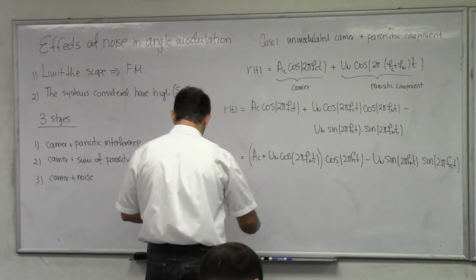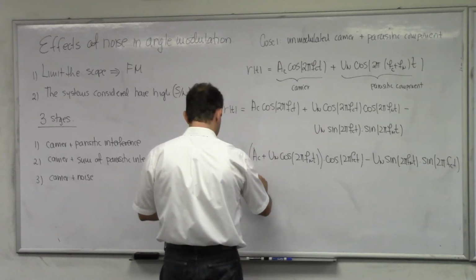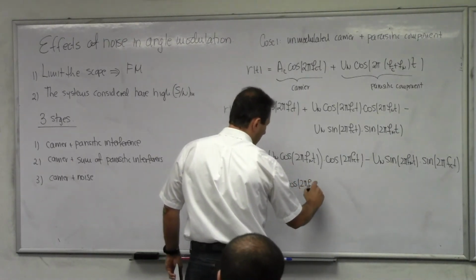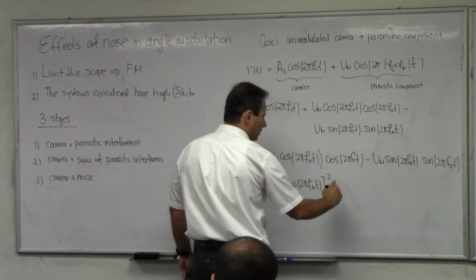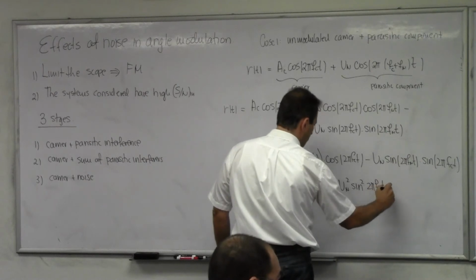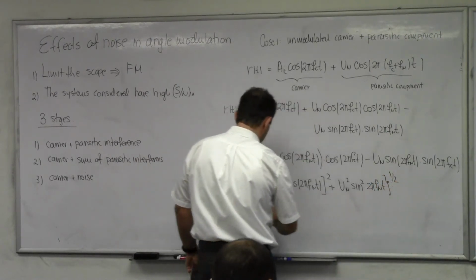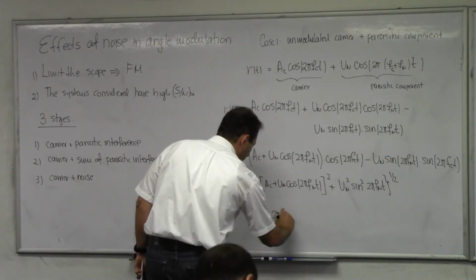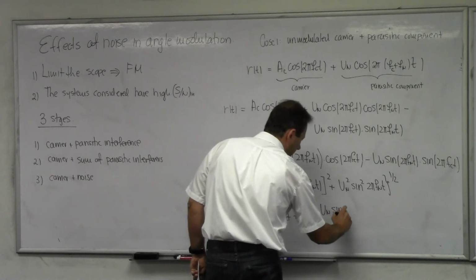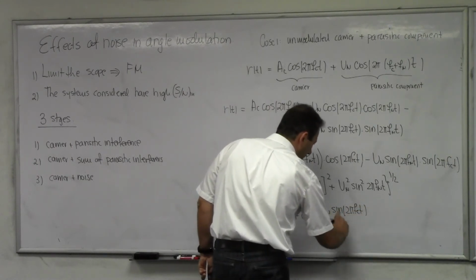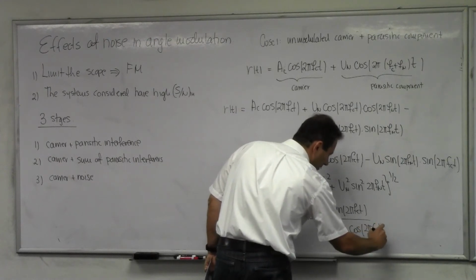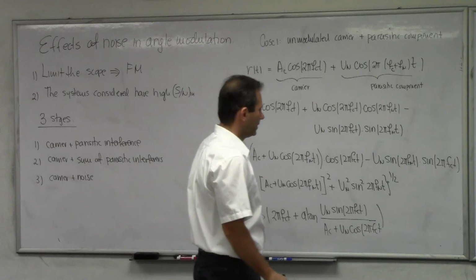So I can rewrite this as the square root of the quantity A_C plus U_N cosine 2 pi f_N t, squared, plus U_N squared sine squared 2 pi f_N t, times cosine of 2 pi f_C t plus arctangent of U_N sine 2 pi f_N t divided by A_C plus U_N cosine 2 pi f_N t.